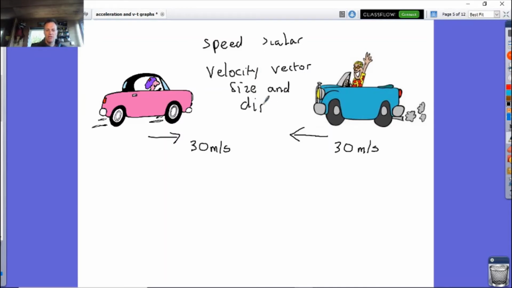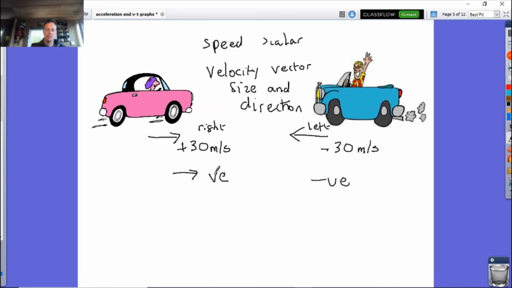The size I've already mentioned is 30 meters per second, but now I've got to give a direction. No matter which way you do it, I can say this is going to be positive and that's going to be negative. Going this way is positive, and going the opposite direction is negative. So to show a direction, I can use positive and negative, or I could say this one is going to the right and this one is going to the left.